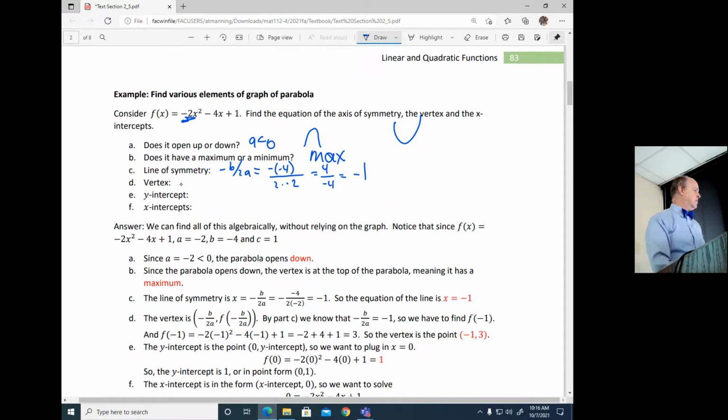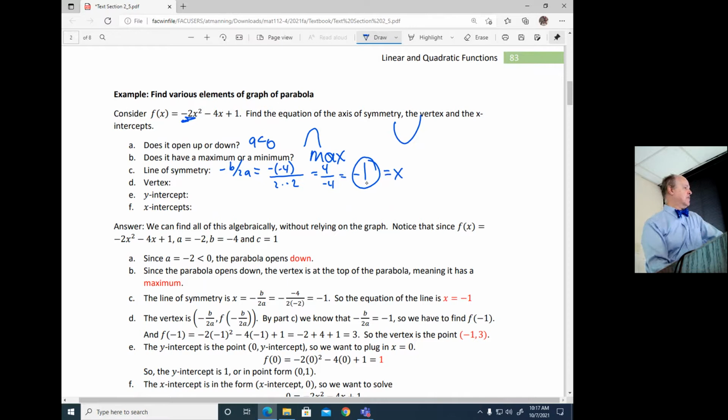The vertex, well, that means I need to know what the value is at that point. I know the x is negative 1, the line of symmetry at x is equal to negative 1.